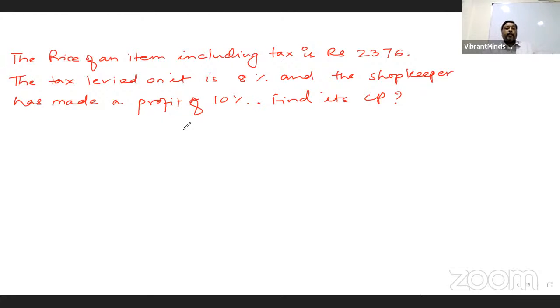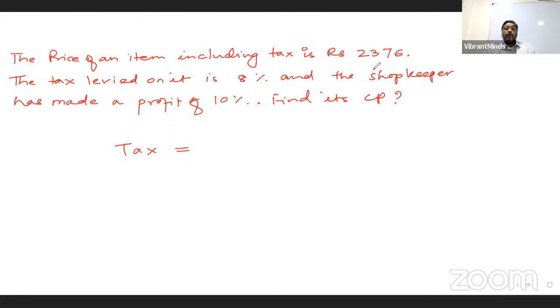So take it like this. The price of an item including tax is 2376, and the shopkeeper has made a profit of 10%. So first, I will find out how much is the tax. Clear?